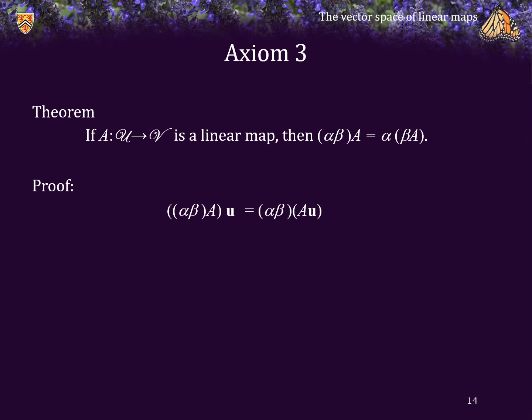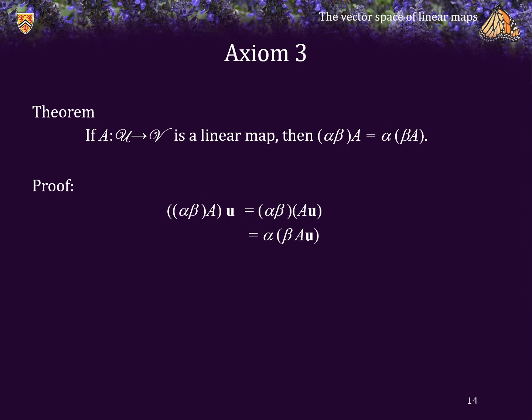Well, alpha beta is a scalar, so a scalar times a linear map applied to U is just that scalar times A applied to U. But wait a second, at this point, A applied to U is a vector in V. So we have a product of two scalars times a vector in V.